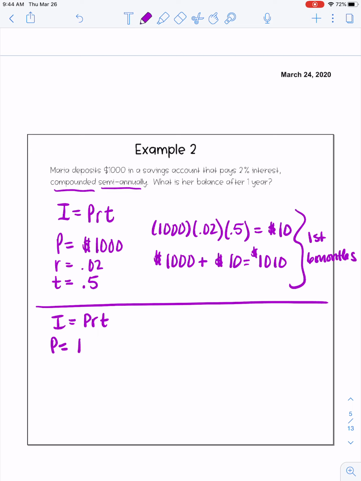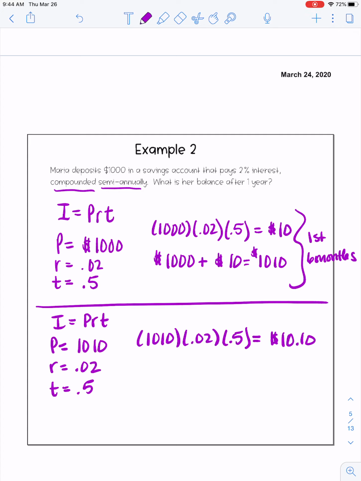It's now 1,010. Rate is still the same at 0.02, and the time is still half a year because I'm doing the other half of the year. So I'm going to have 1,010 times 0.02 times 0.5. That gives me $10.10.